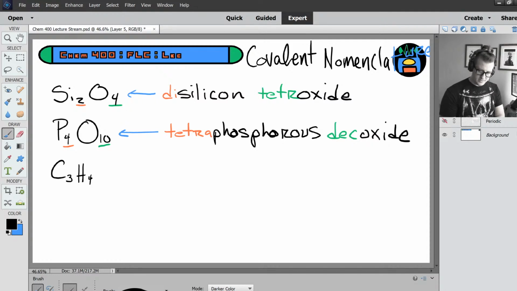All right, and finally, looking at C3H4, this would be carbon tetrahydride.